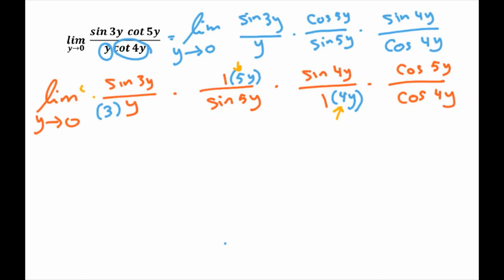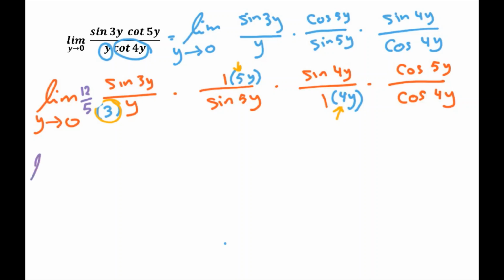Finally, what about the 3 here? Well, I need 3 also up. We said that we are going to multiply by 4 over 5, and then when I need 3 up, that means I'm multiplying here also by 3. So I will multiply everything by 12 over 5. Okay, that's what I'm going to do. Now we are going to split the limit, and we're going to give the 12 over 5 all the way to this ratio.